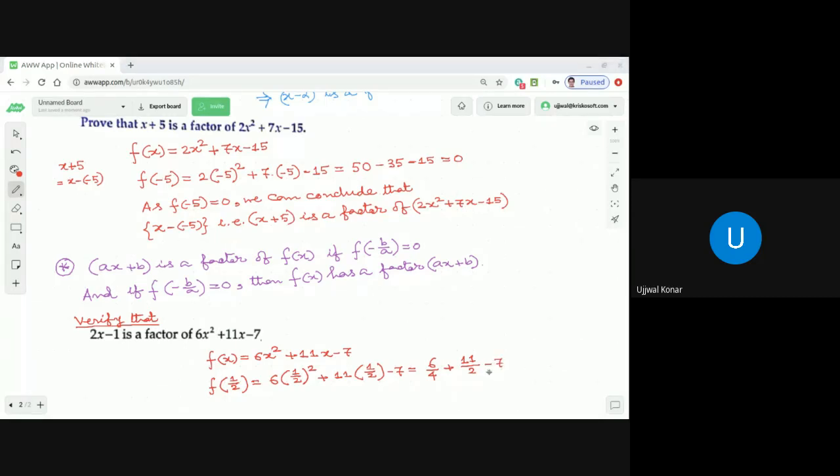Let's find this value, and you will find the value is equal to 0. You can compute this and you will get 0.